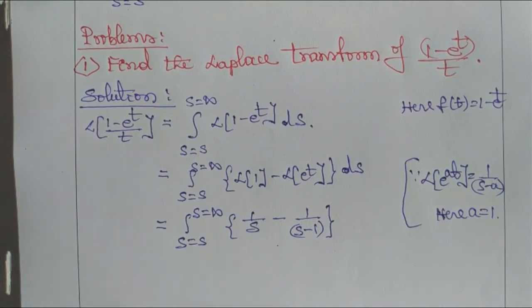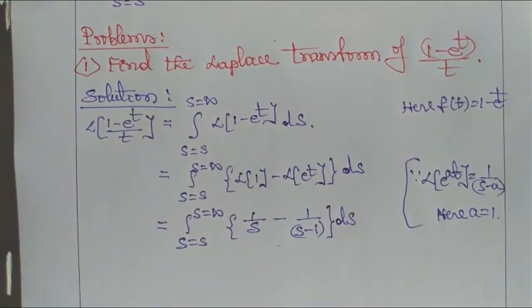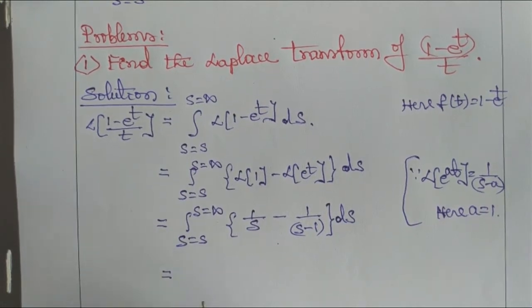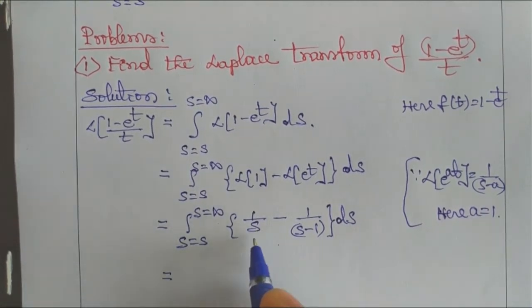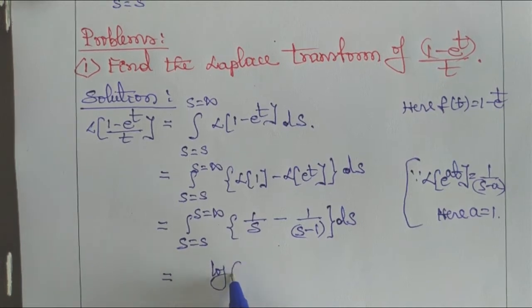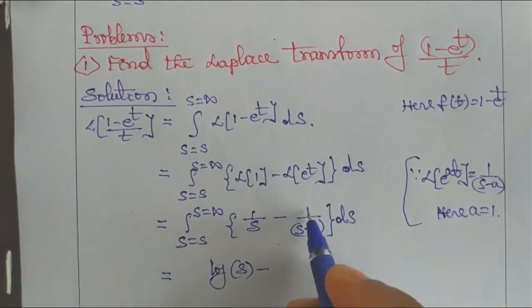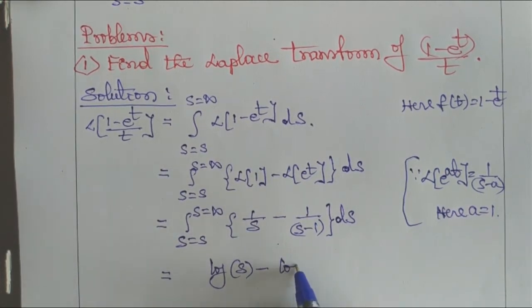This you know. Now we have to integrate this. Integration of 1 by s ds is, because differentiation of s is 1 and that is there in the numerator, log of the denominator. Similarly, the integral of 1 by s minus 1 is log of s minus 1.